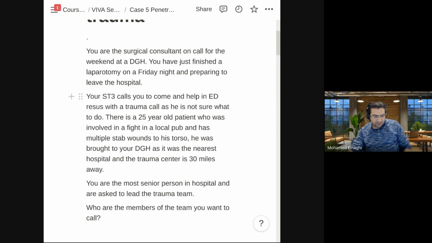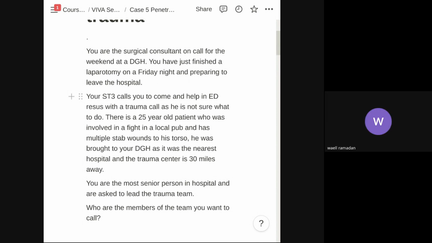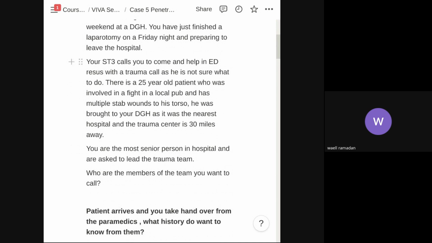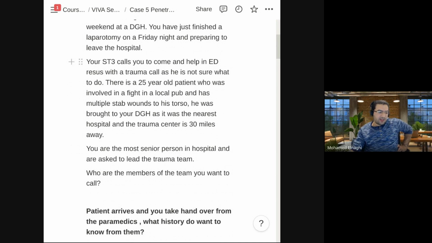And as you said, the orthopedic team, maybe the SHO and registrar, and the radiographer in case an X-ray is needed. So just try to familiarize yourself with the trauma team members in your hospital. I thought you were asking about doctors, so that's why I said that. No, that's fine, just a generic question, like when you are asked about the team members of your colorectal MDT or upper GI MDT.